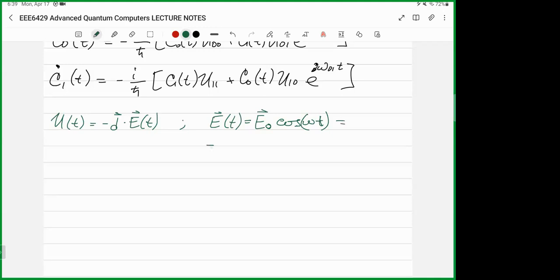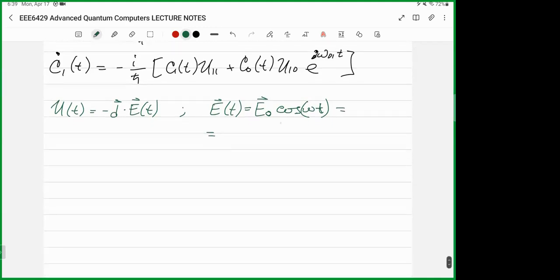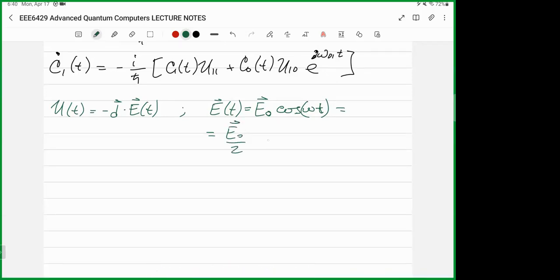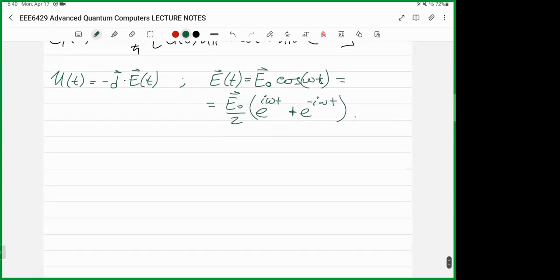Now I use Euler's formula to represent cosine as the sum of two exponential functions. So I get E sub 0 over 2, and then e to the power of i omega t plus e to the power of minus i omega t. All right, so this is just the representation of the harmonic field.